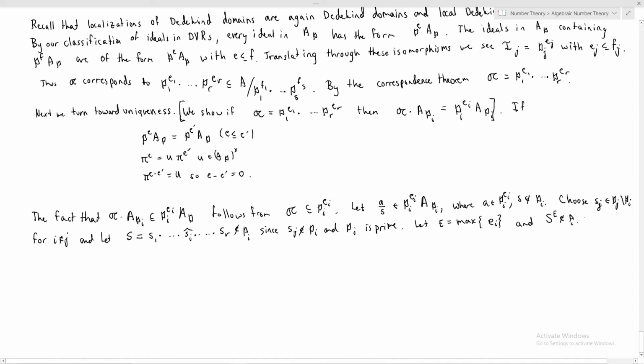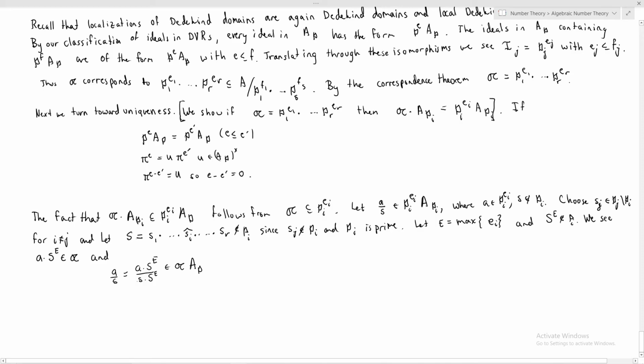We see, well, since a is in the ideal, there's fraktur A. Okay, we have this, and what can we say here? a over s equals a times S to the e over s times S to the e, and this is in A_P.